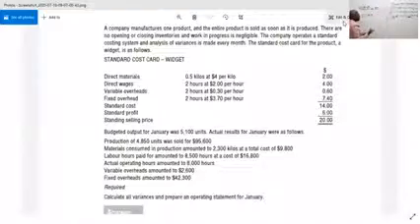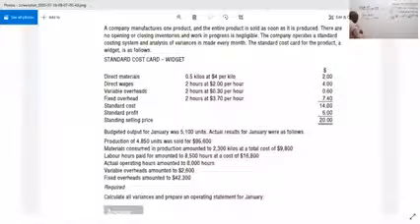Then of course for variances, I know I'll be subtracting this from the actual. The actual variable overheads they have given us in the actual statement amounted to 2,600.